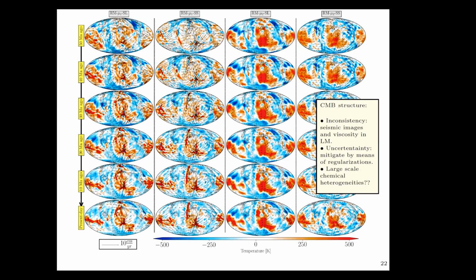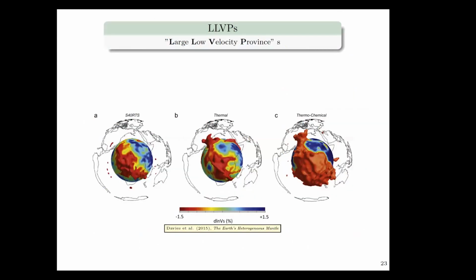Now, the other cause that can open up a new path of research for us in the future is the existence of larger scale chemical heterogeneities in the mantle. The LLVPs have been the focus of such large scale chemical heterogeneities in the mantle.